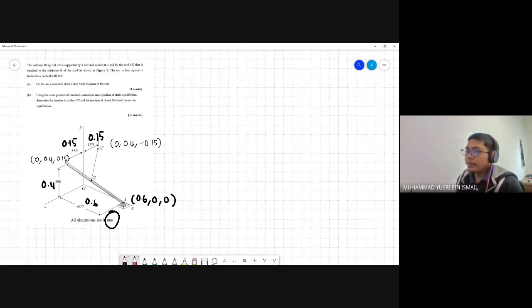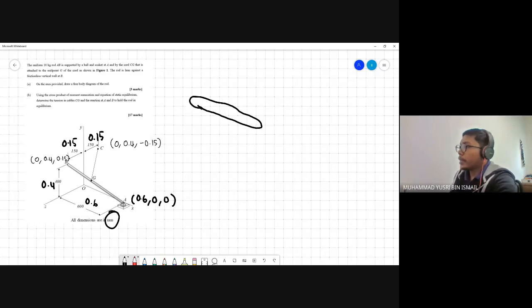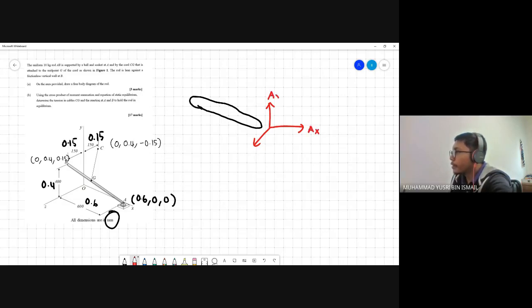First, we draw the free body diagram. This is the rod, and then at A there will be 3 forces acting, which are AX, AY, and AZ.